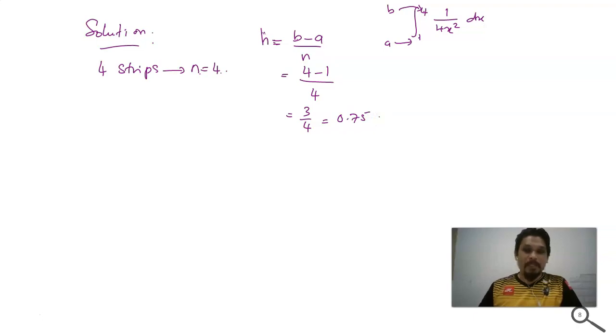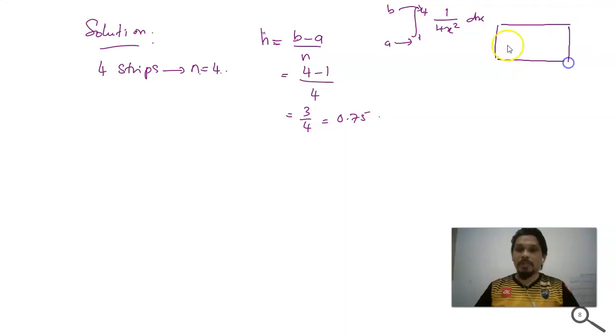Okay, and now let's say I put them into this box here, where this is the coordinate of 1 and here is 4. So the strip is 4: 1, 2, 3, 4 strips.